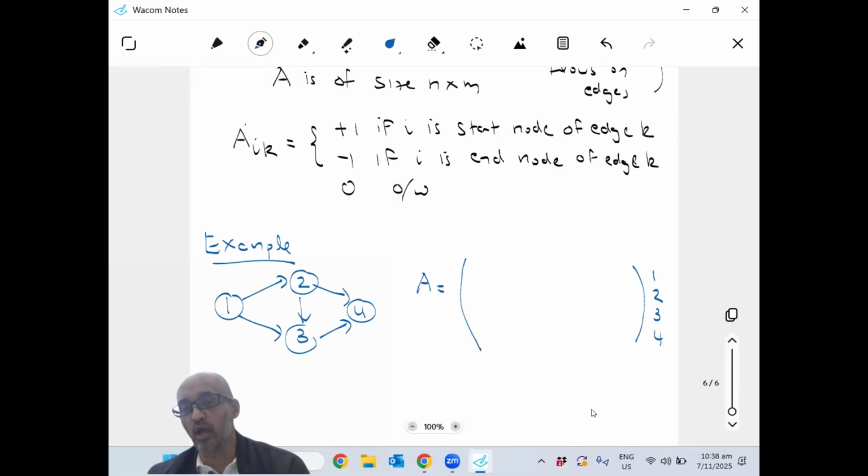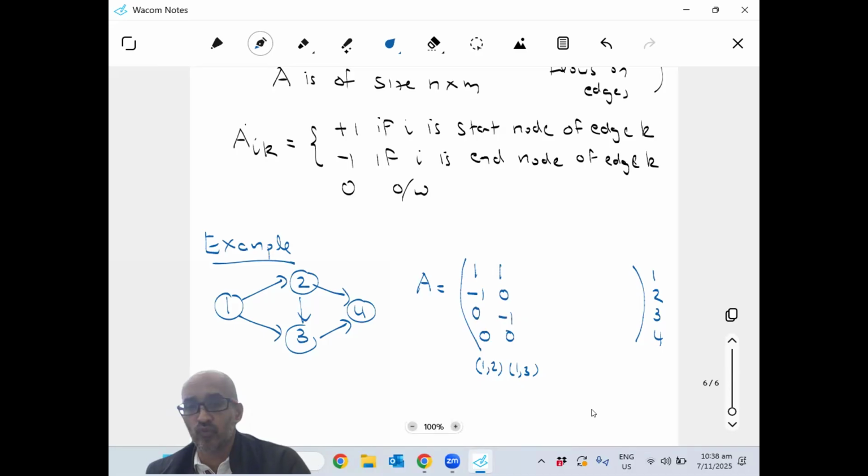Coming out of node 1 are 2 links, 1,2 and 1,3. My first link is 1,2 and my second column is 1,3. 1,2 is leaving 1, going into 2. 1,3 is leaving 1, going into 3. 1,2 does not involve 3 and 4. 1,3 does not involve 2 and 4.